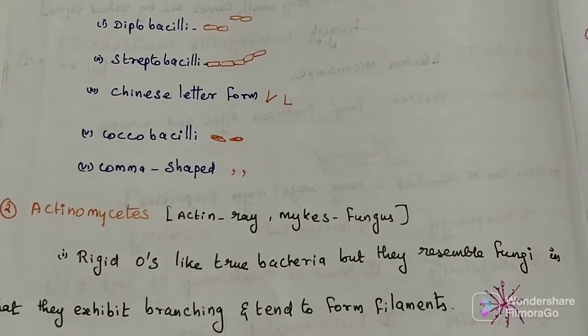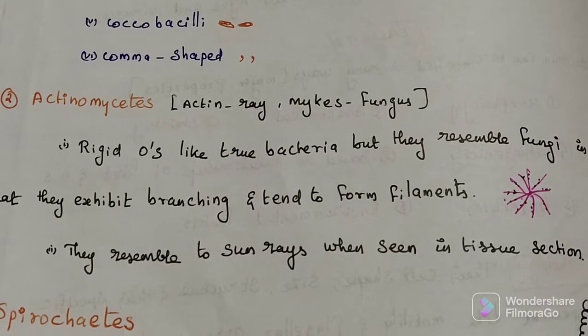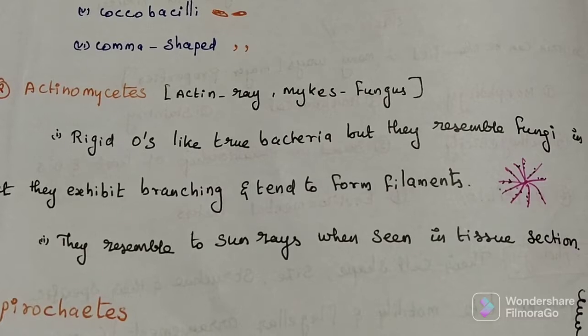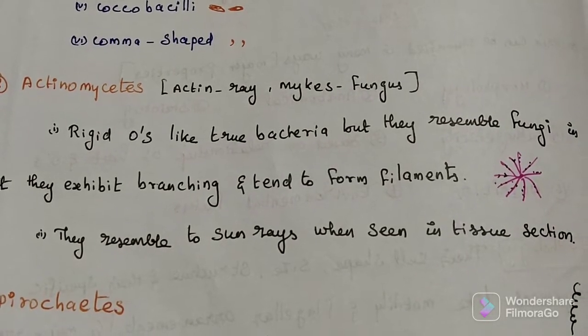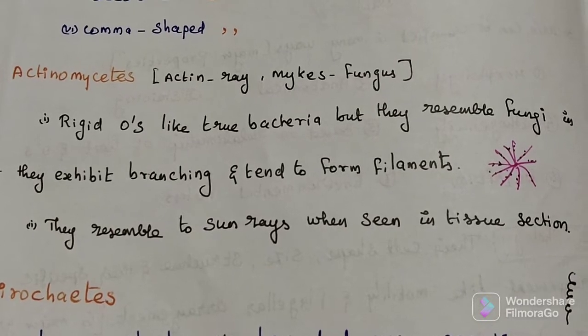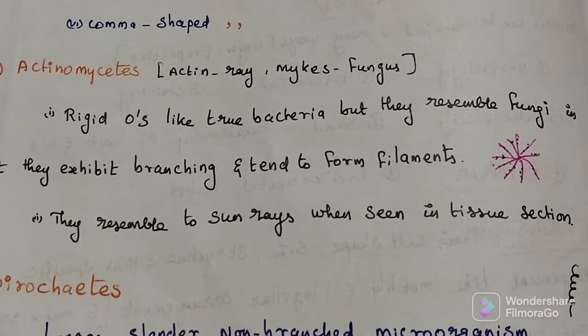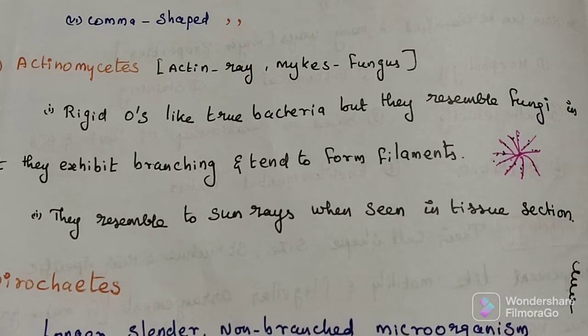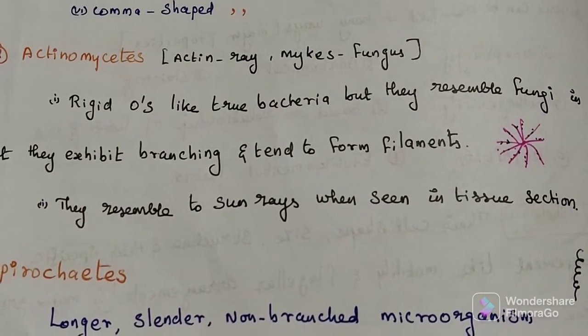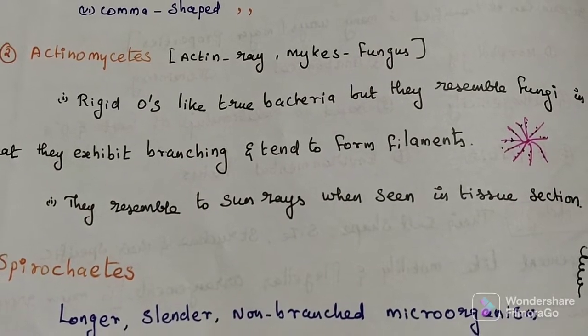Third one is actinomycetes. Actinomycetes are a group of bacteria that share some common characteristics with fungi and can cause diseases similar to fungi. They are able to form hyphae, usually considered a trait of fungi only.